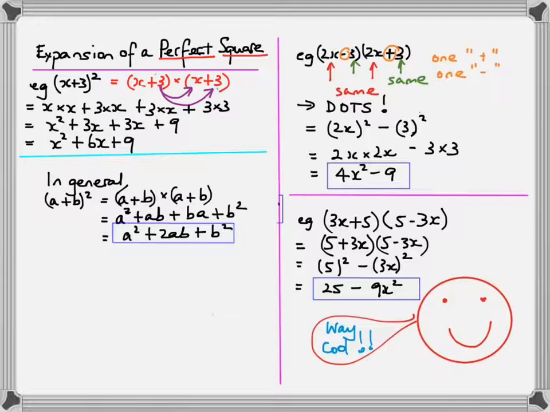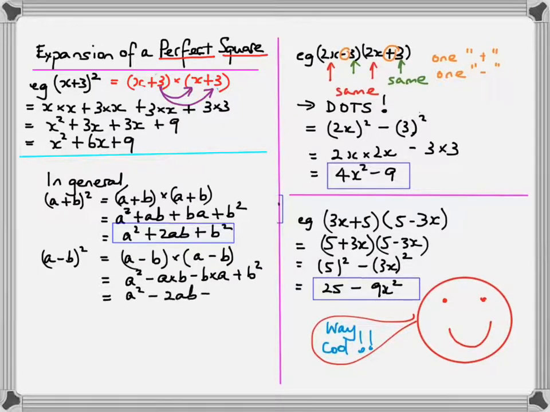The multiplication order doesn't make any difference, and that's what you get. If you have a minus b all squared, then expanding that out, you will get exactly the same thing, except there's a minus in front of the second term. That's basically in general what these things produce as an end result.